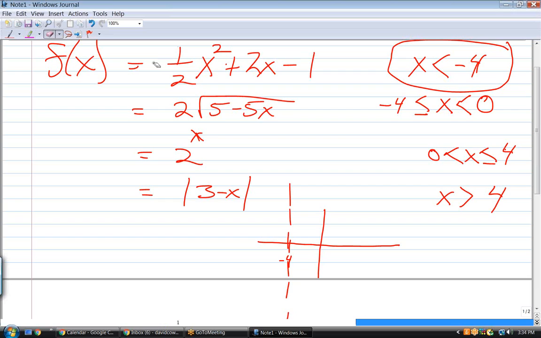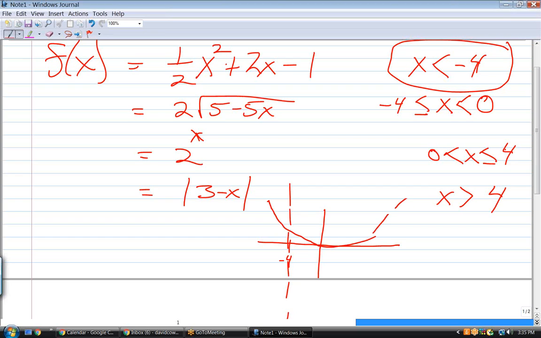The first one is clearly a parabola. Let me think for a moment as to how I want to best explain this. If I were to plot that parabola in totality, maybe it would look something like that.